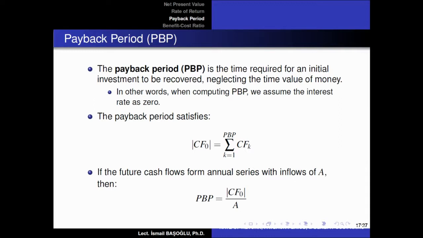Okay, for example, if you make an investment that is worth $100,000 right now, and at the end of every year you get $20,000, then in 5 years your initial investment will be recovered by this $100,000 revenue.